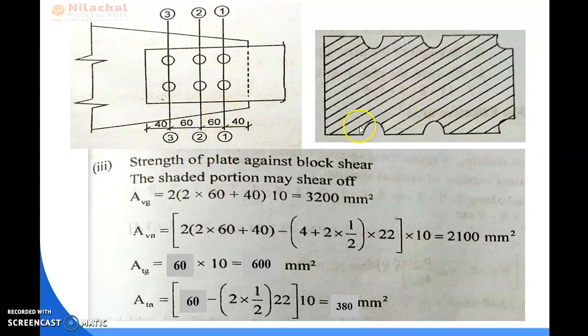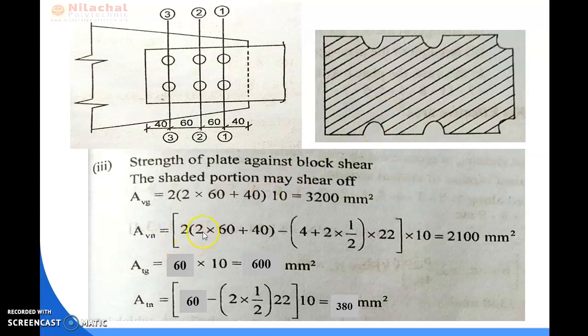If it is provided on only one side, either the upper side or the bottom side, then we have to consider only 160. But in this case, the block shear portion is provided on both sides of the V line, so we have to multiply by 2 the total width of the block shear portion.